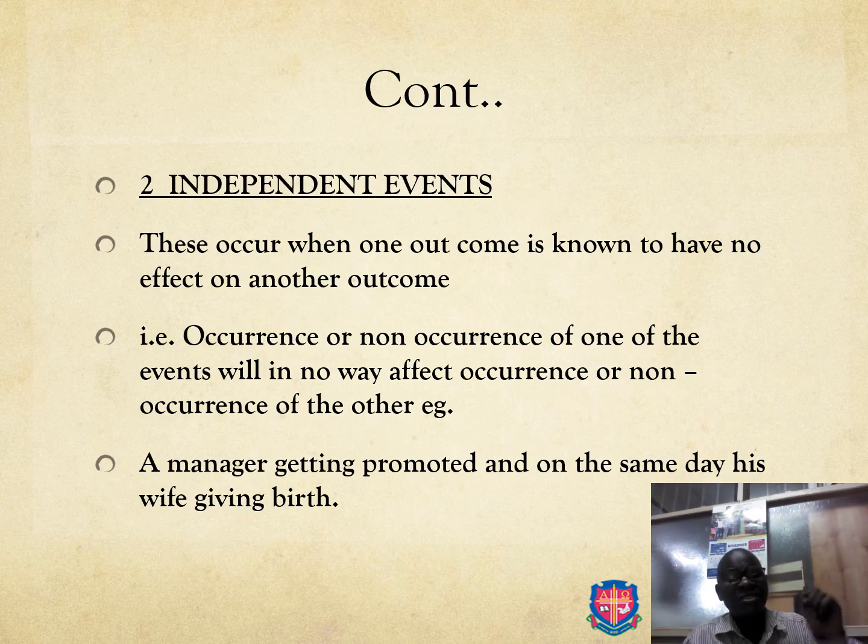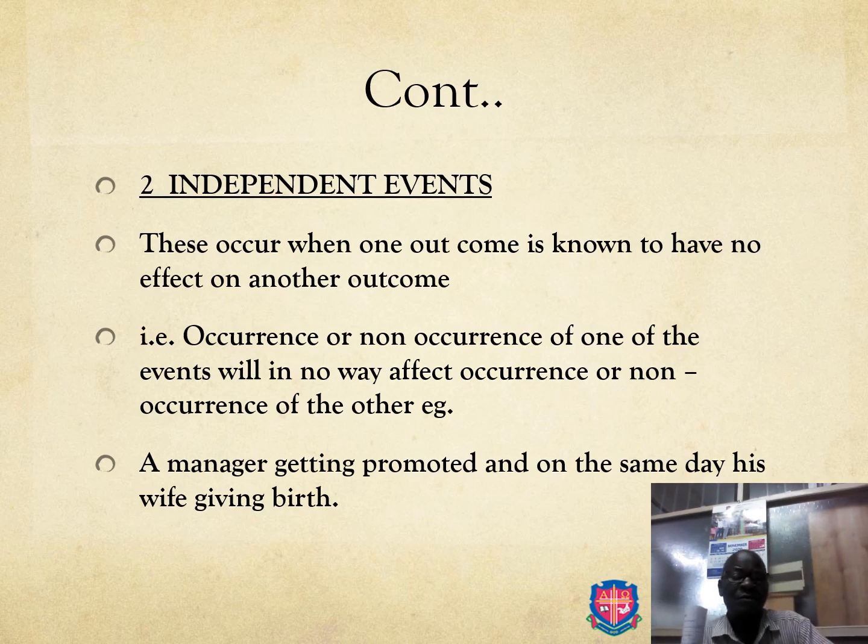So these events are not mutually exclusive, but one happening is not influenced by the other, and they can both happen. Although the probability of their happening together is very, very minimal, it is not 0.